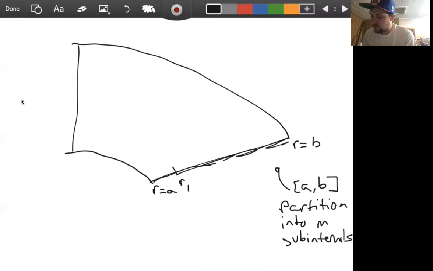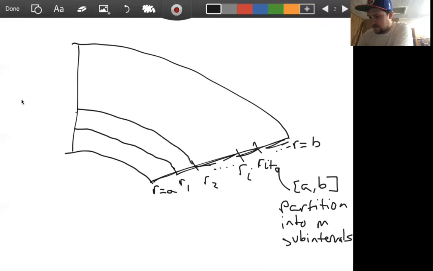So we have r_1, r_2, et cetera, all the way up to r_i, r_{i+1}, et cetera, right? And so this partition kind of gives us slices of this region here. Maybe I'll draw some more.